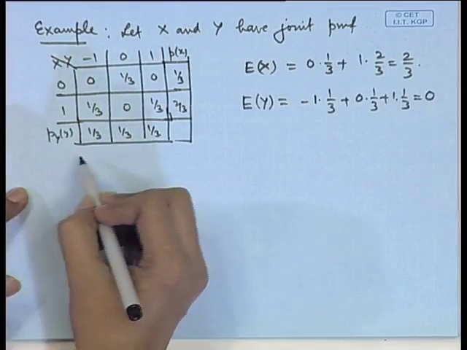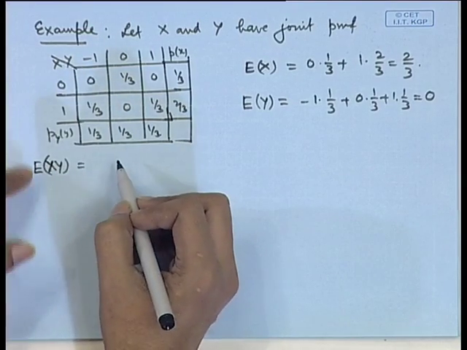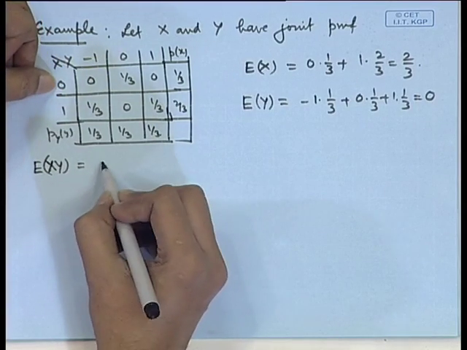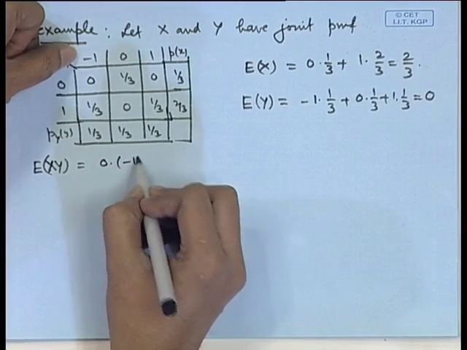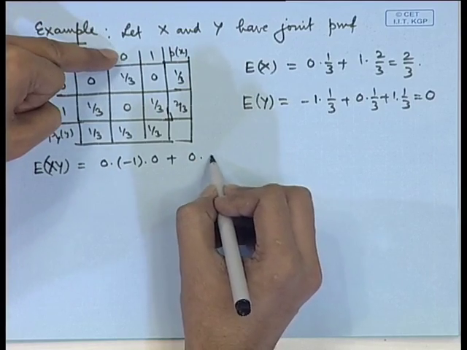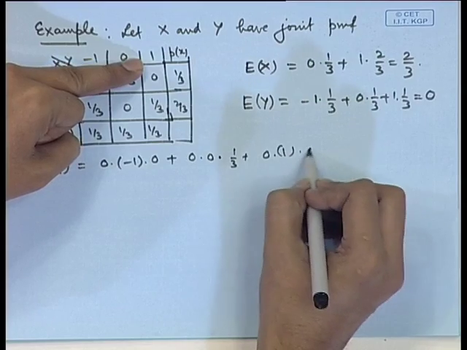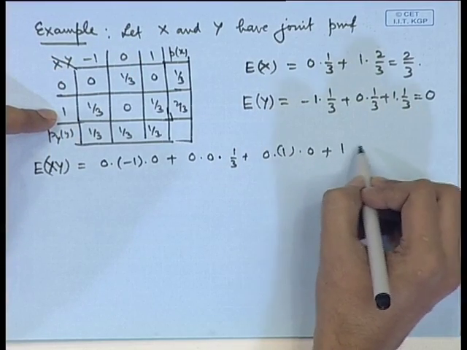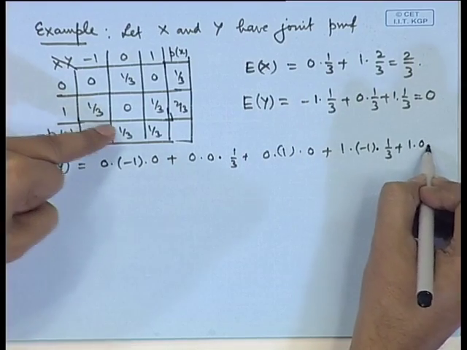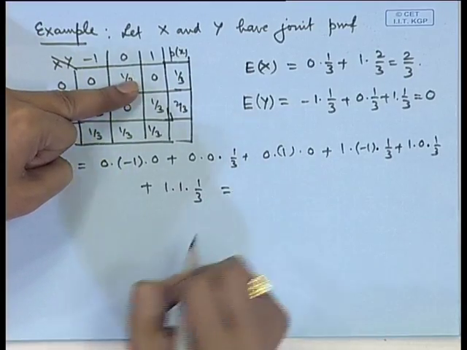For expectation of x into y, we look at all the possibilities of the x and y values here. x is 0, y is minus 1 with probability 0, plus x is 0, y is 0 with probability 1 by 3, x is 0, y is 1 with probability 0, x is 1, y is minus 1 with probability 1 by 3, x is 1, y is 0 with probability 1 by 3, plus x is 1, y is 1 with probability 1 by 3.